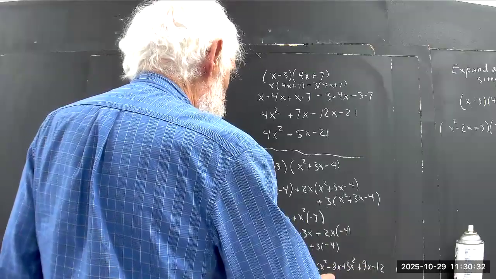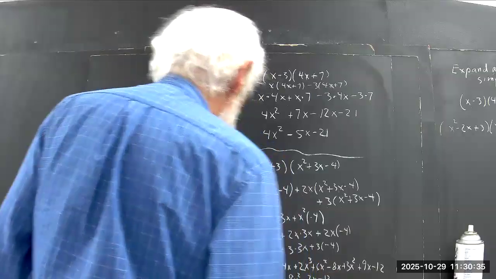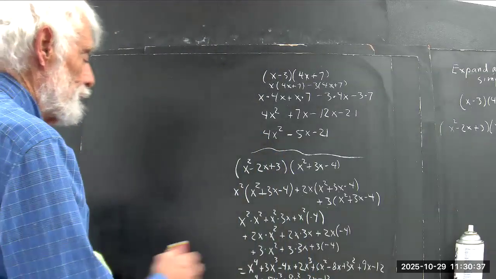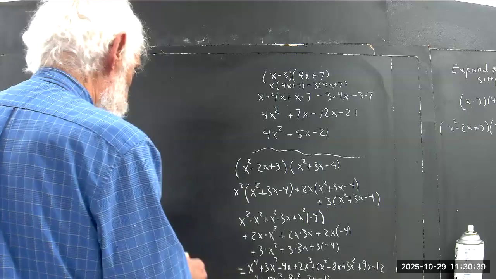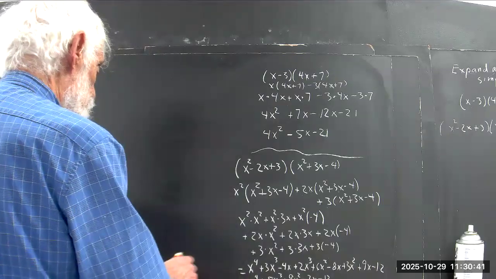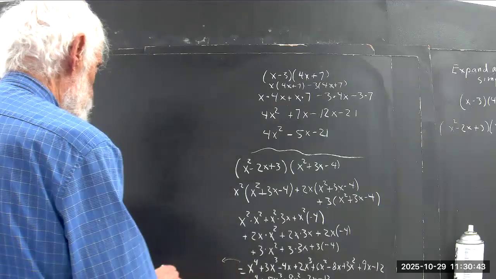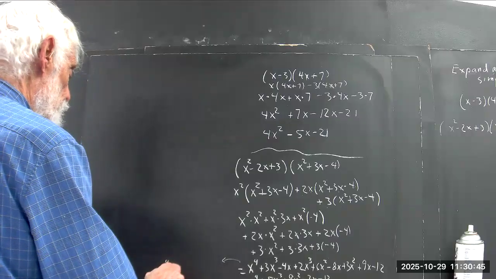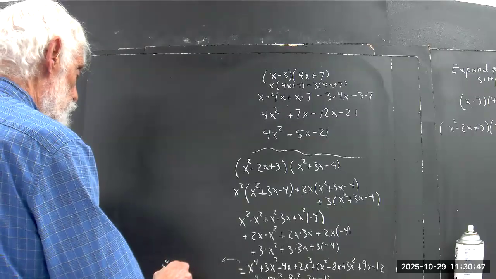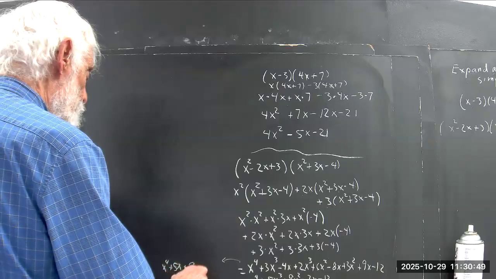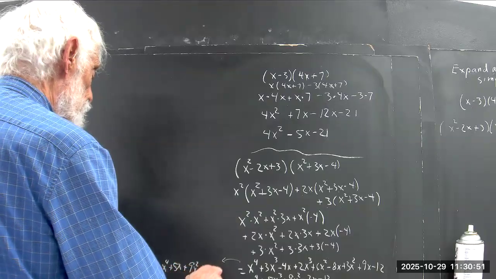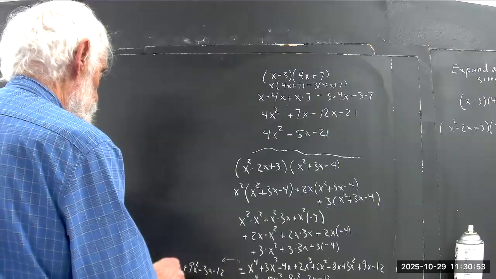And then we just have -12. Now, I'm not sure the camera is going to pick up that part of the board, so I'll write the expression out here again. x to the 4th plus 5x cubed plus 9x squared minus 3x minus 12.